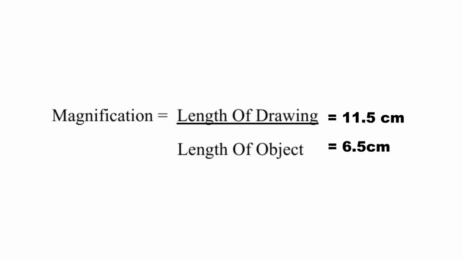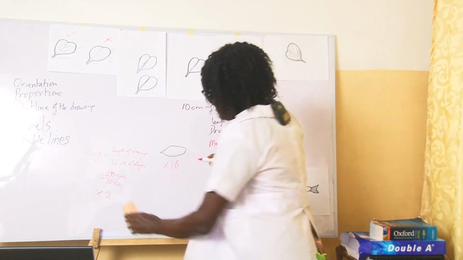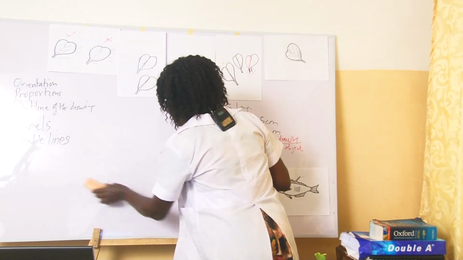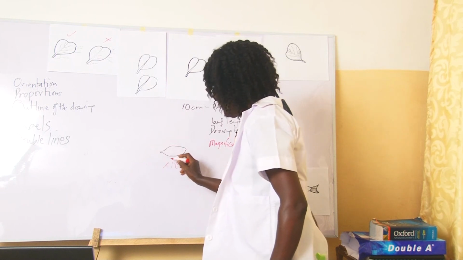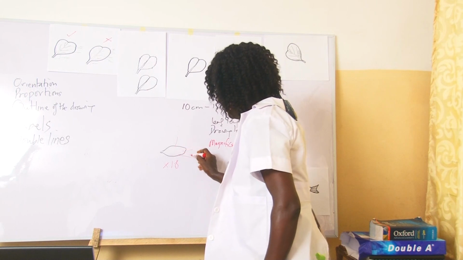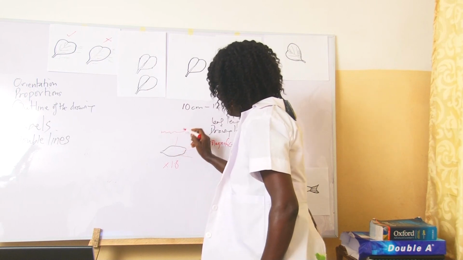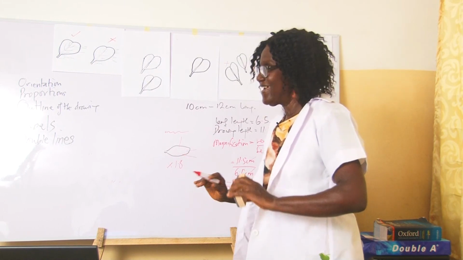So you do everything correct: the labels, the detail, the heading. Then you write all your things nicely, give your heading, and put your magnification, times something.